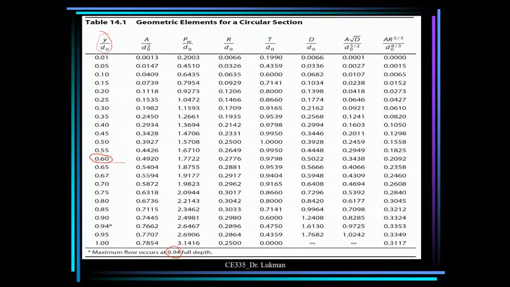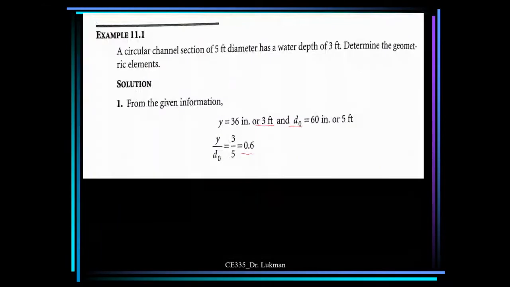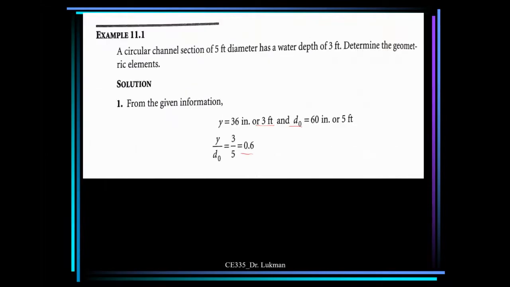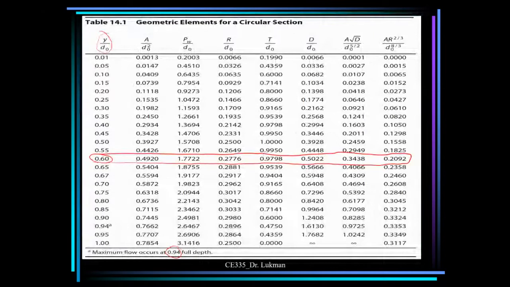We just draw a line across to read off the other values. Simple. So A over d naught squared will be this value, which is exactly what we have here, 0.494, which is this value, 0.492. E over d naught will be 1.7722. R over d naught.